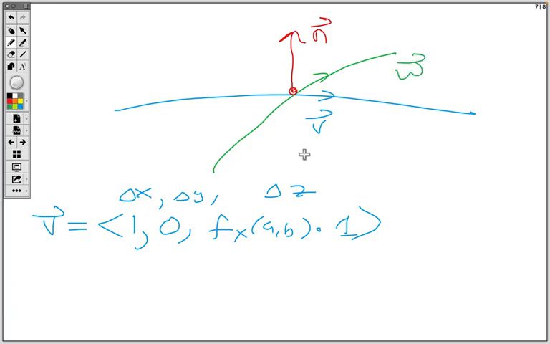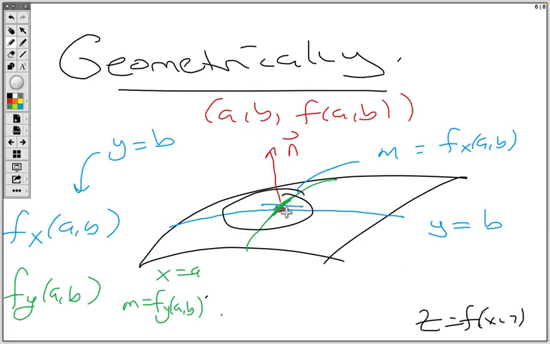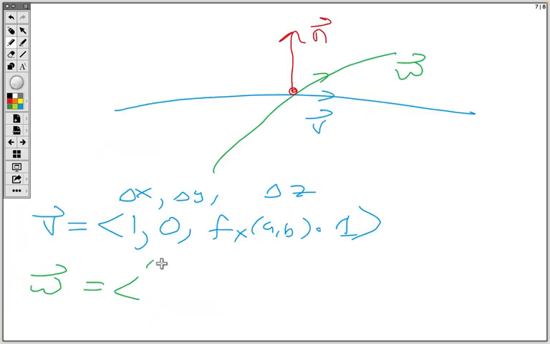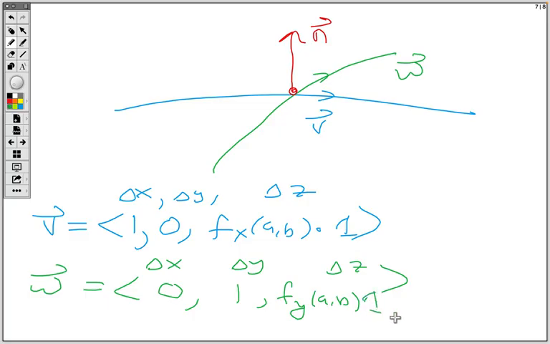And we'll call this vector w. The vector w is going to be the vector for the tangent line that we get when we hold x as a constant. So once again, going through delta x, delta y, delta z, delta x will be 0. If we pick delta y to be 1, then delta z would be fy at a, b times 1.